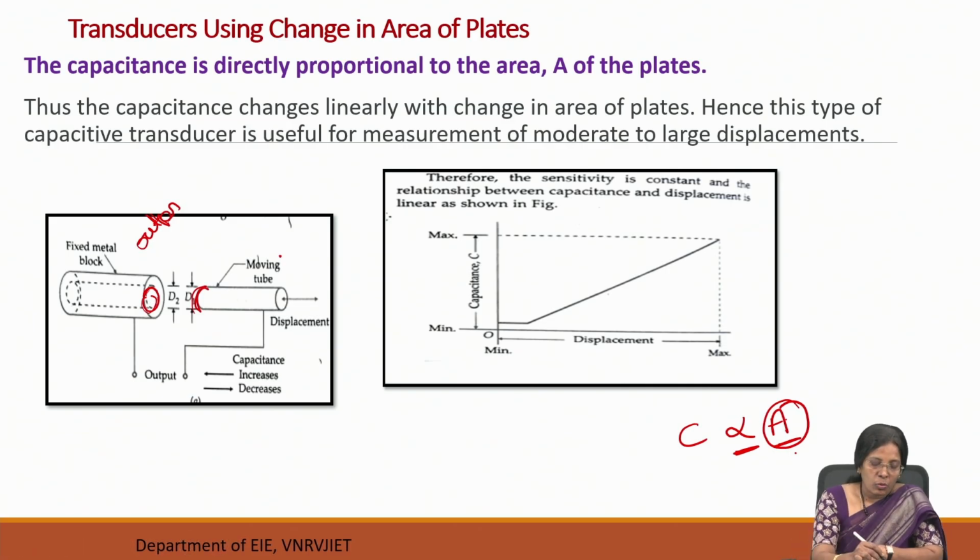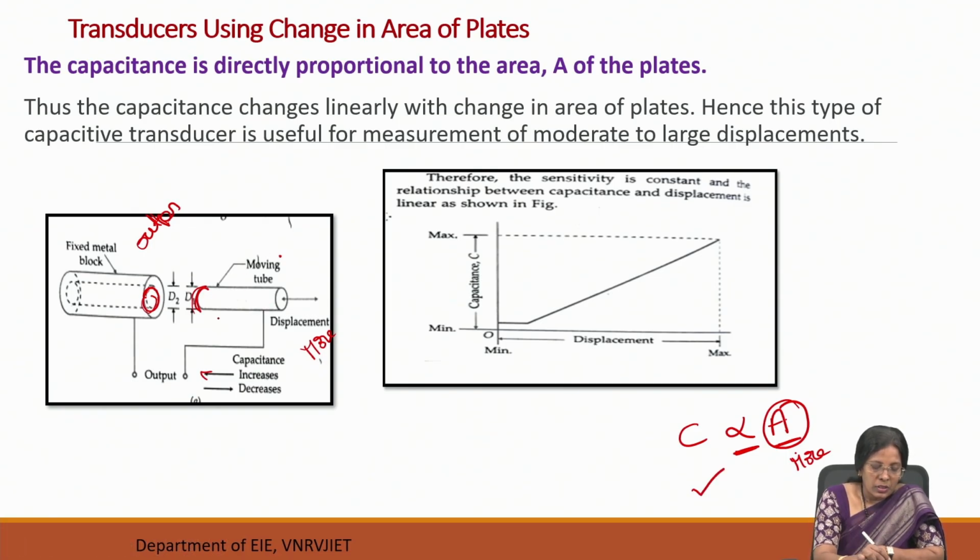When the movable cylinder is moving in this direction, the overlapping area of the two cylinders is more. When the overlapping area A is more, the capacitance is maximum.